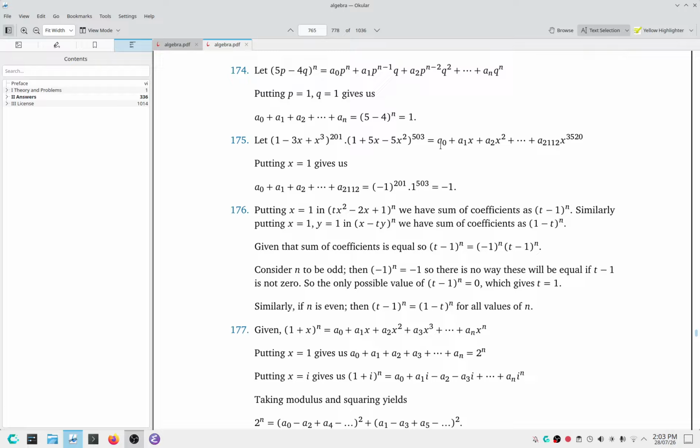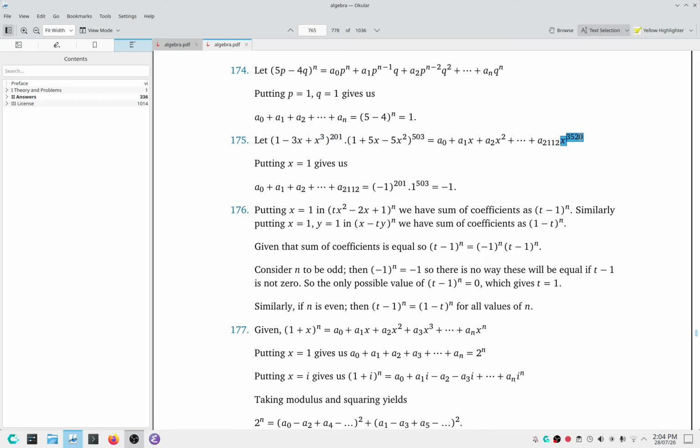So we let this be equal to a0 plus a1x plus a2x squared and so on up to a(80,112)x to the power 3520. So here the power would be, when you raise 2 to the power 500, that would be 1006. This would be 1006 from here and 600 from here.